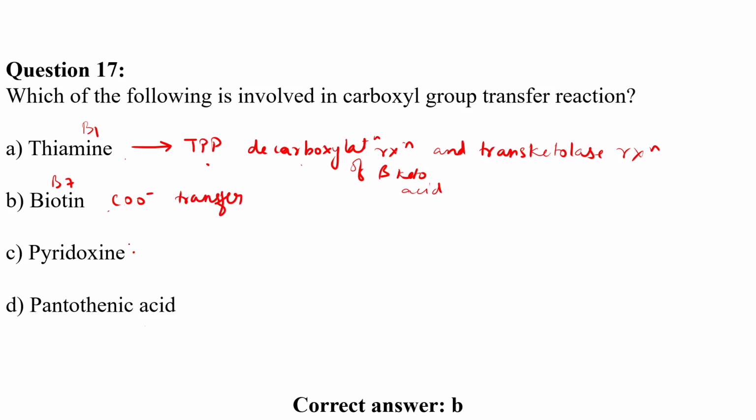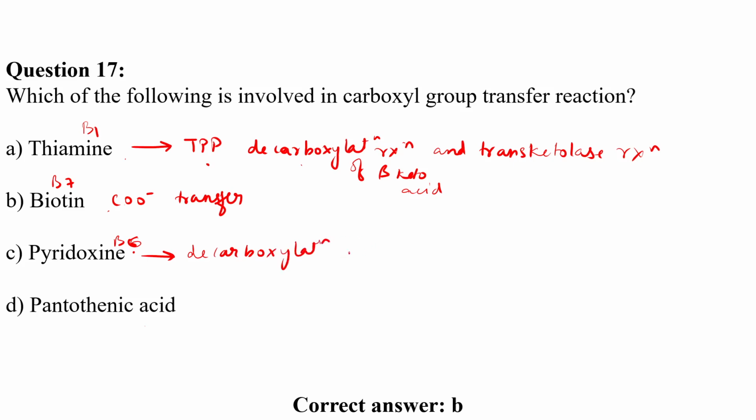What is pyridoxine? Pyridoxine is vitamin B6, and what is pyridoxine doing? It is doing the decarboxylation reactions in amino acid metabolism.